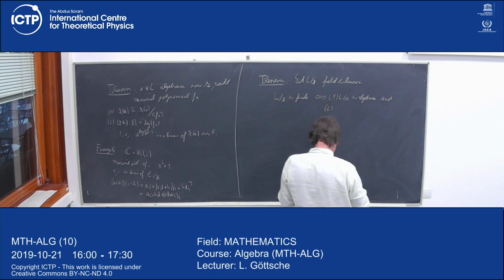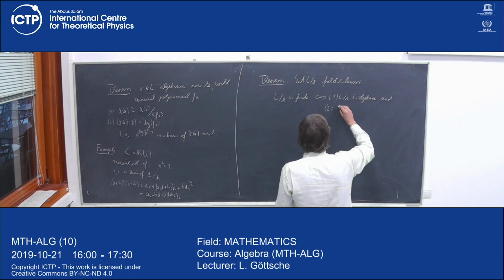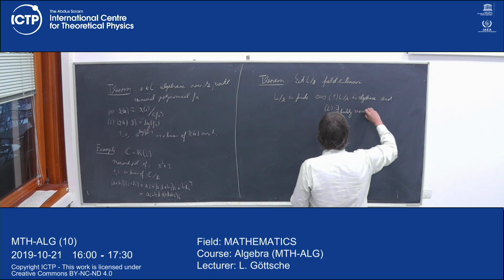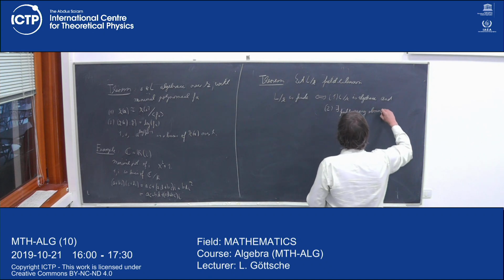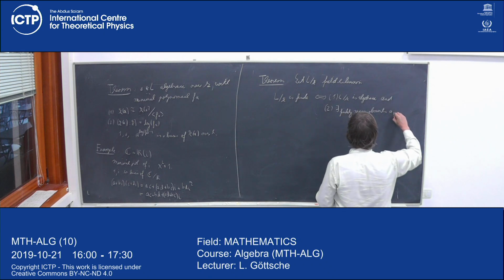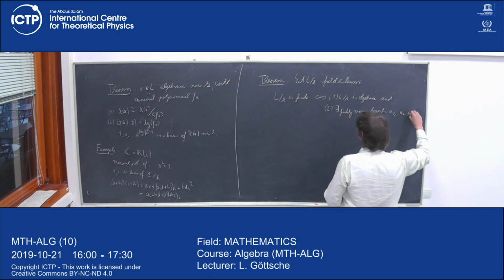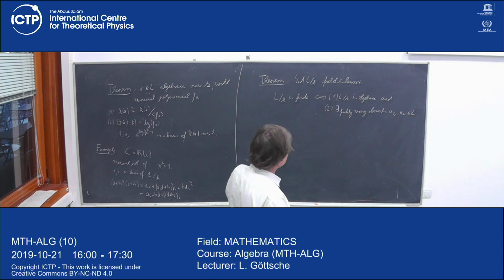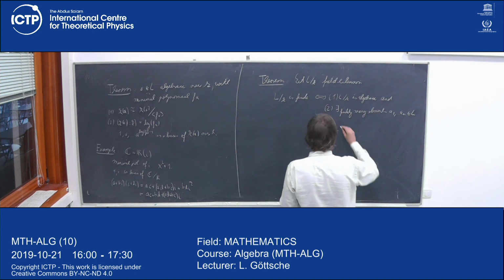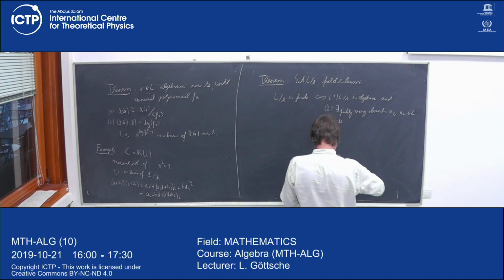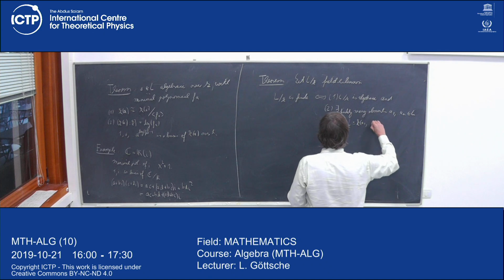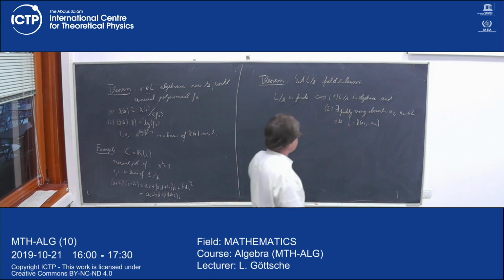secondly, there exist finitely many elements a1 to say an in L, which then automatically have to be algebraic, such that L is equal to K(a1, ..., an).